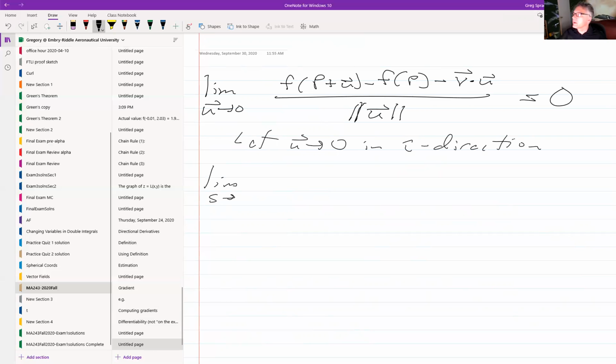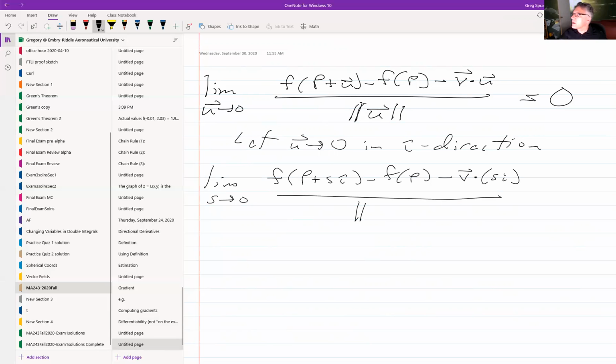So let's take the limit as S goes to 0 of f of P plus S i minus f of P minus V dot S i, and if you divide that by the length of S i, that equals 0.